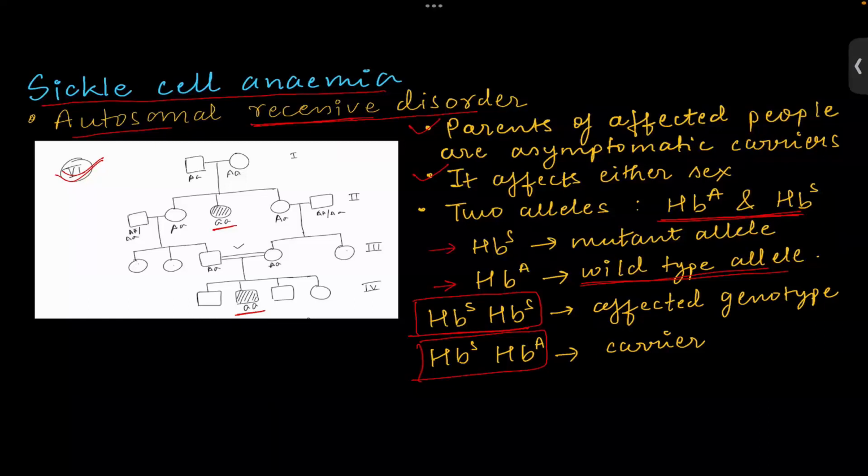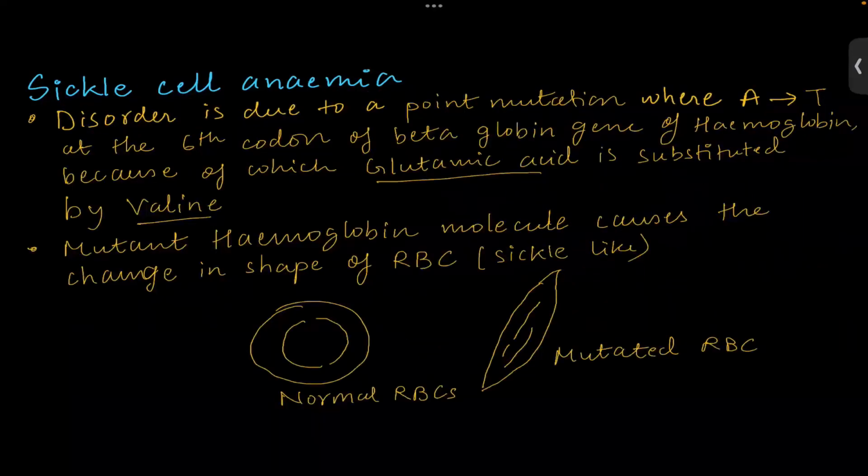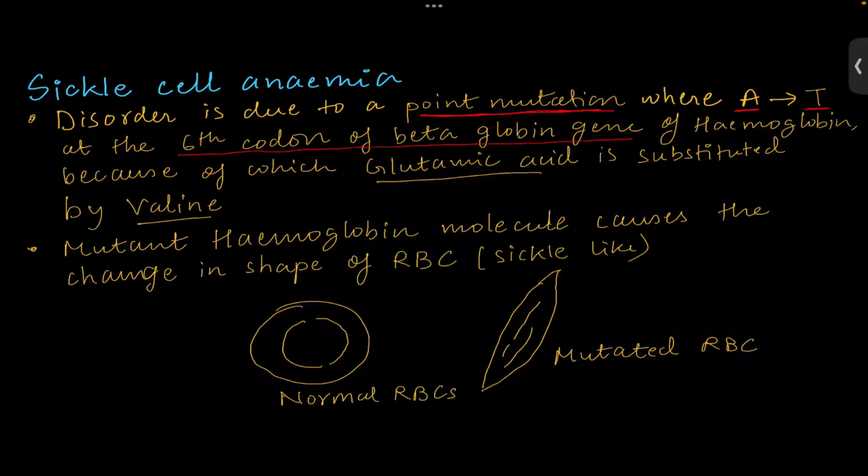Sickle cell anemia happens because of a point mutation event where a DNA base A is changed to T. This is a point mutation event, and it happens in the 6th codon of the beta globin gene.